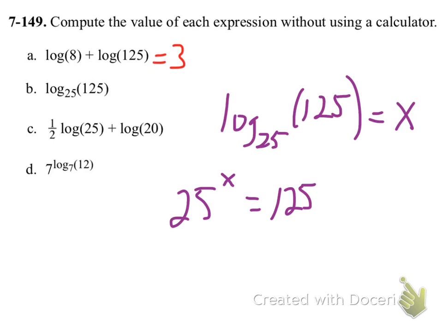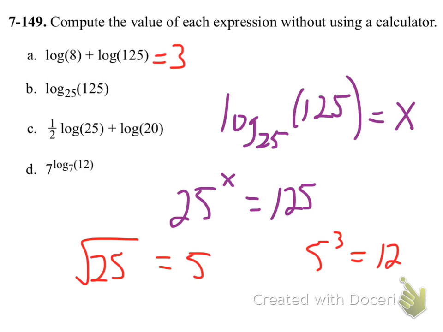So if you recall a fractional exponent, the denominator of the fraction is the root you're taking. So if I take 25 and I take the square root of that, I get 5. And 5 to the third power equals 125. So that means this exponent, I want to take the square root of it and then put it to the third power.